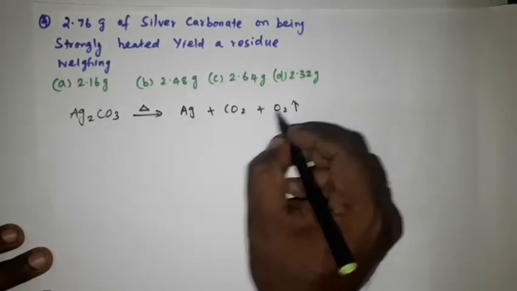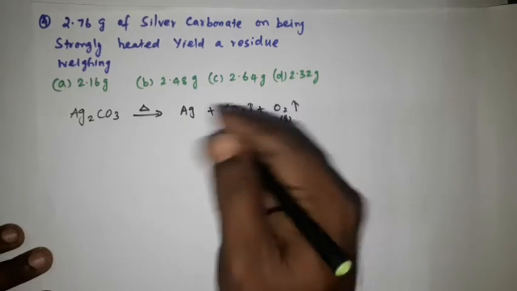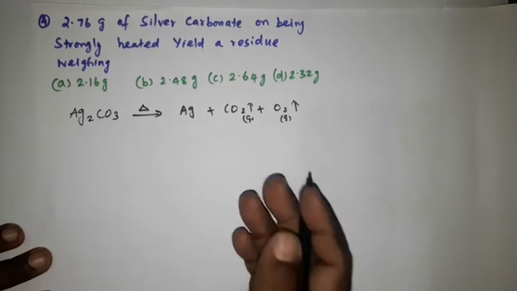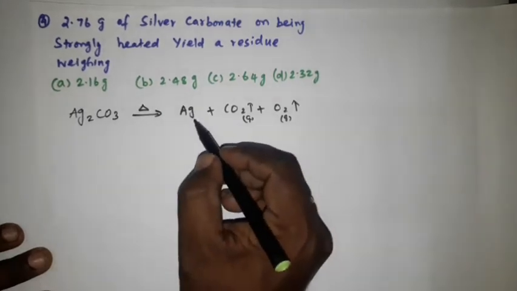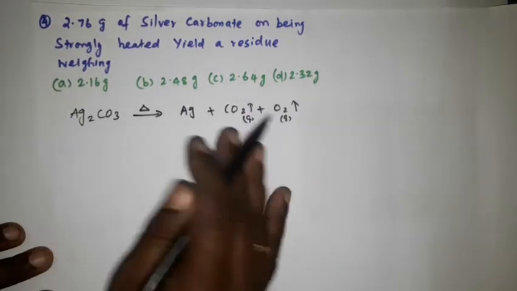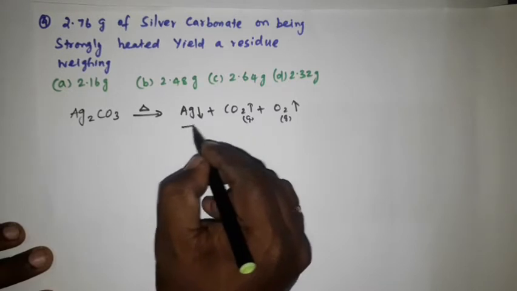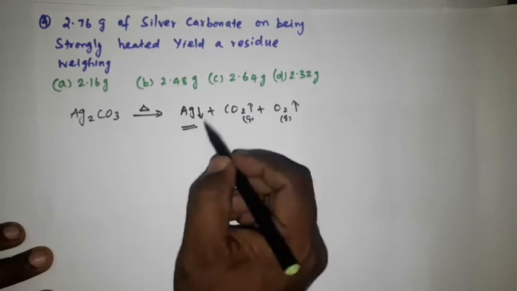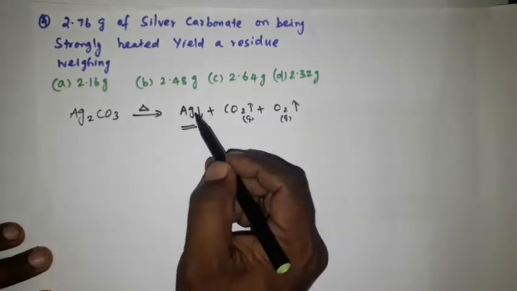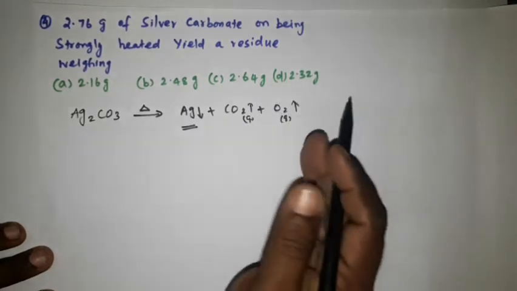This oxygen and carbon dioxide are gases, so they will go out into the atmosphere. What will be the residue? Residue means the remaining part, it will settle down at the bottom of the equipment. So you are going to calculate the mass of this silver. The gases will go out of the equipment.